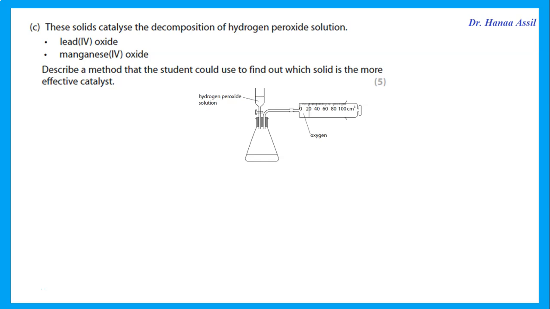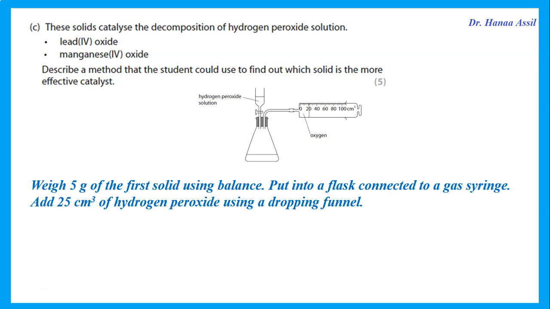So I can have this set up again, and we weigh a specific amount of the first solid, the first catalyst, using a balance, then put that into the flask connected to a gas syringe and add a specific amount of the hydrogen peroxide, let's say 25 cubic centimetres of hydrogen peroxide, using the dropping funnel.